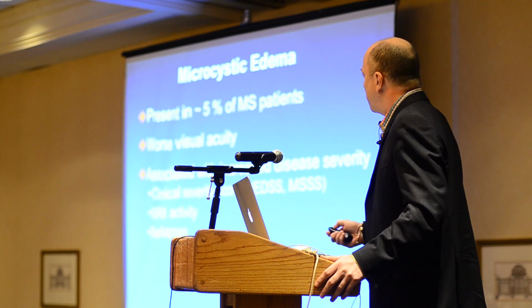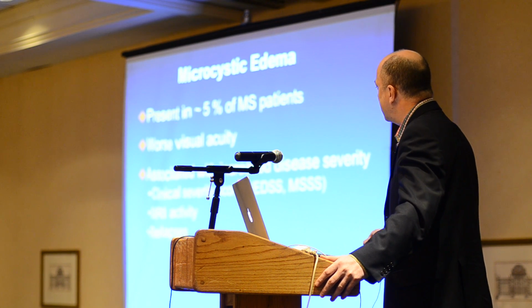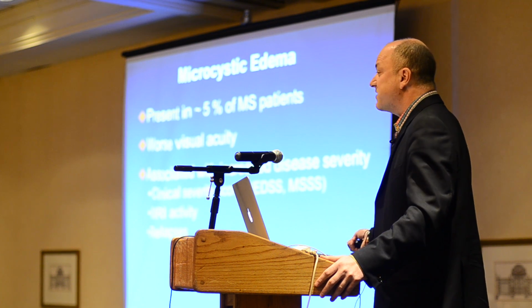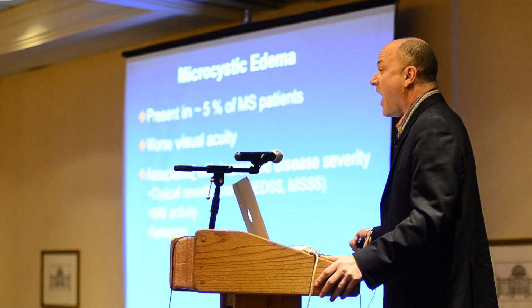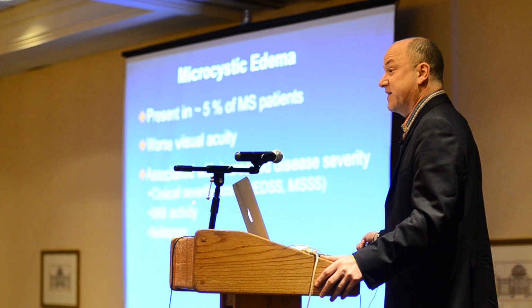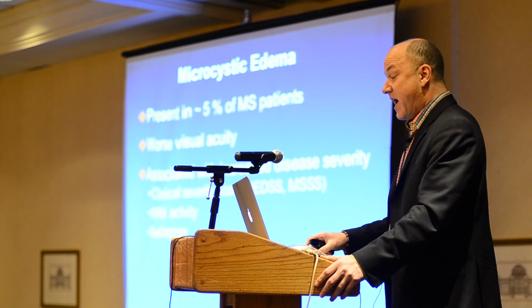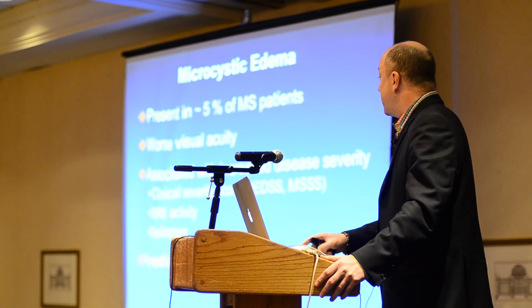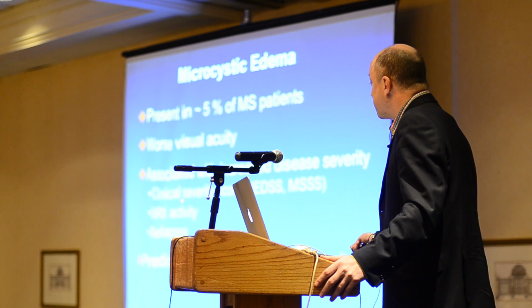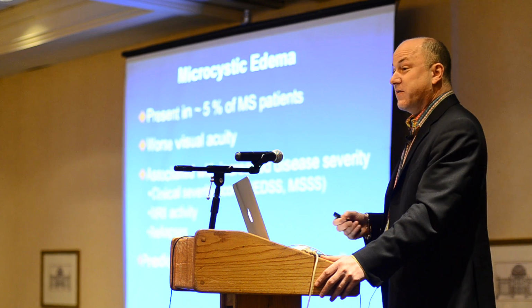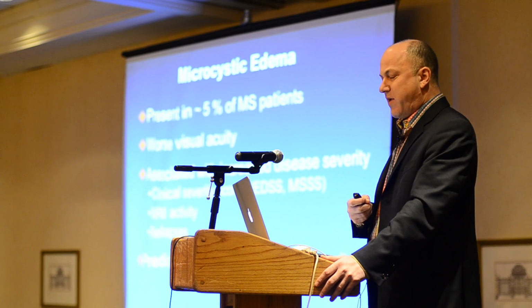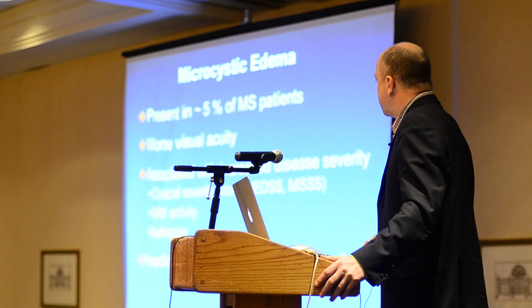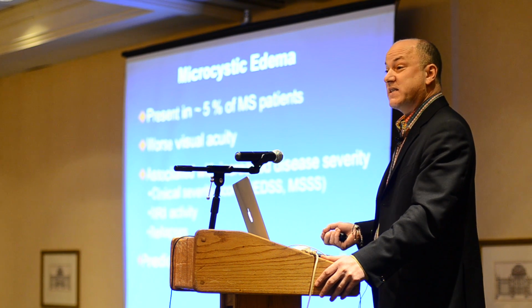And second of all, the patients who had this tended to show increased severity of their MS, higher activity measures of their MS, such as both on MRI and clinical relapses. And so now we're looking at measuring the OCT of the retina, looking at these patients who have this and seeing if it's predictive of disease activity.